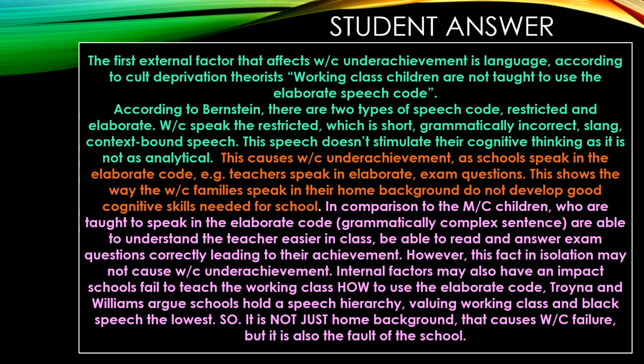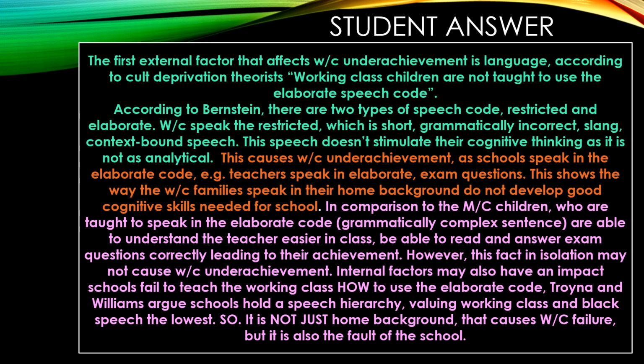Okay, so we start off by saying internal factors may also have an impact on working class underachievement. And it is because the schools are failing to teach the working class how to use the elaborate code. So that in itself, from Troyna and Williams, is a bit of a critique of school. They also say that schools hold a speech hierarchy, valuing working class and black speech the lowest.